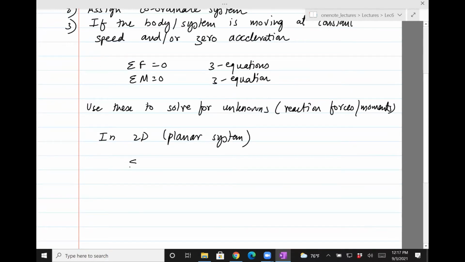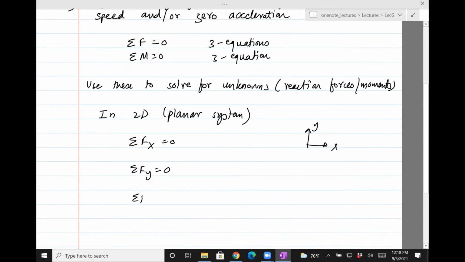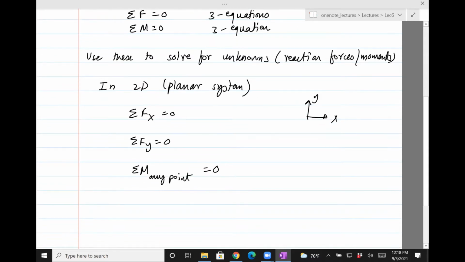They are: the sum of the forces in the x direction is 0, assuming the system is in the xy plane; the sum of the forces in the y direction is 0; and the moment about any point is equal to 0. Okay, when you compute this moment, that moment is typically about the z-axis, and I've shown the z-axis sticking out of the plane of the paper.